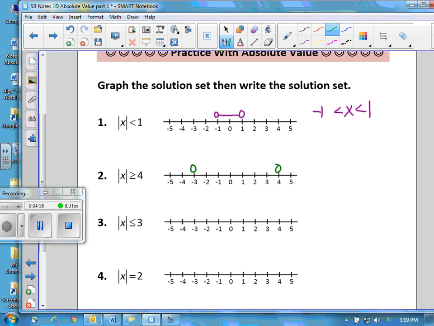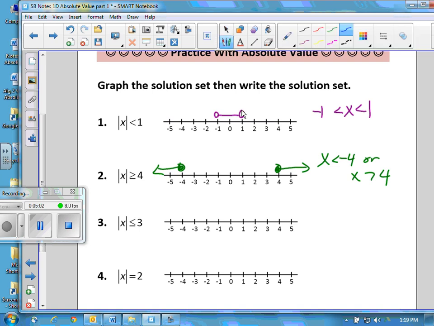These are the 2 locations where the distance is equal to 4 units. That would be 4. Since it can equal 4, I'm going to fill in the circles. And my distance has to be more than that, so I'm going to be going away. We would write x is less than negative 4, or x is greater than 4.